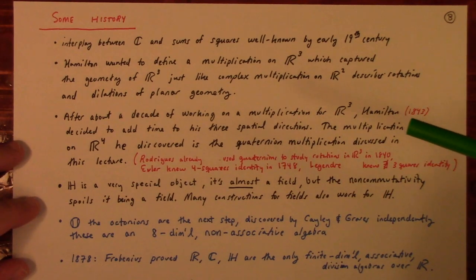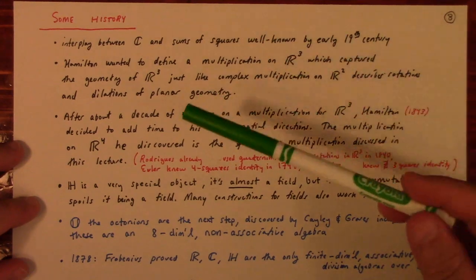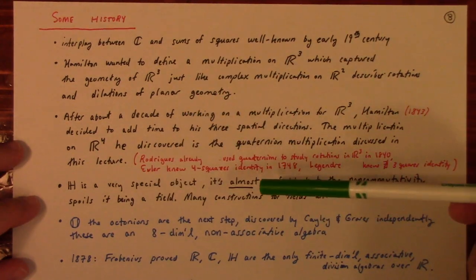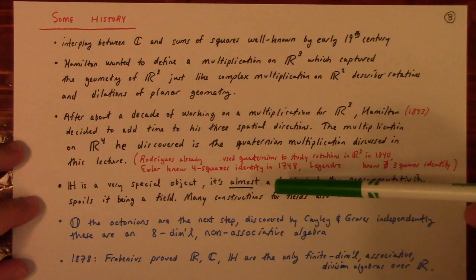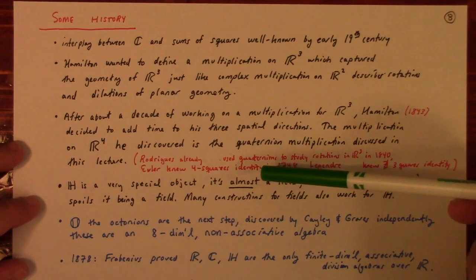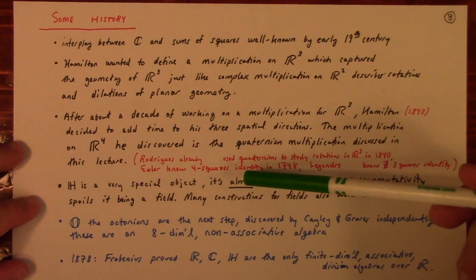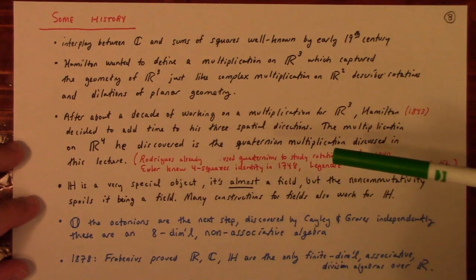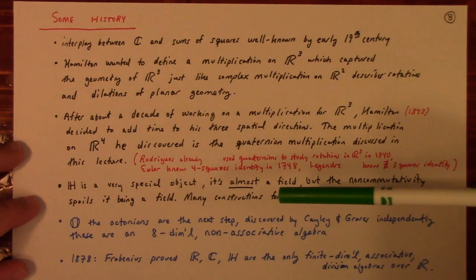Anyway, just to reiterate, the Quaternions are a very special object. They're almost a field. A field is a commutative ring with identity in which every non-zero element has a multiplicative inverse. Quaternions are a ring with identity where every non-zero element has a multiplicative inverse.